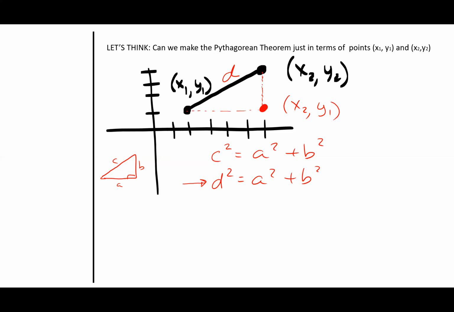The hint is this: think of this side as your a. Think of this side as your b. That's the only hint I'm going to give you. And think about how long that line is. How long is a? How long is b?